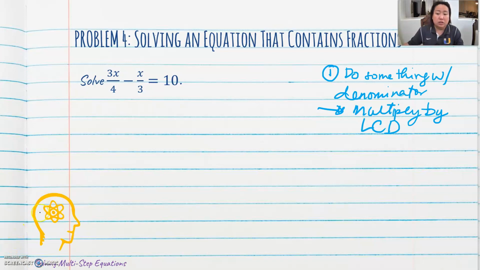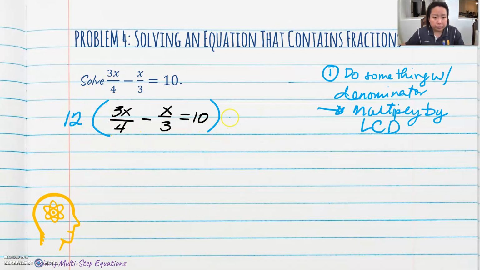We address the denominators, so this will be 3x over 4, this is x minus 3 equals 10. To get rid of our denominators, we use our LCD. So we multiply everything by 12, okay? This will be times 12.